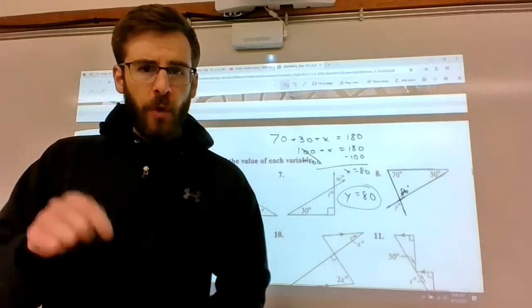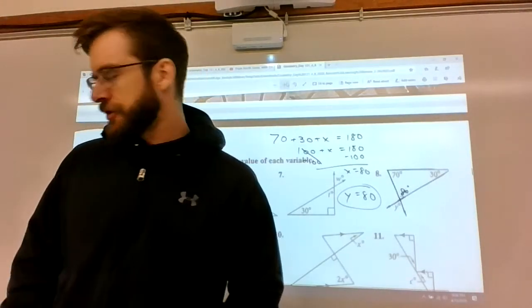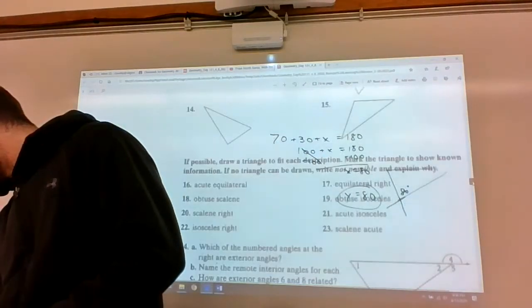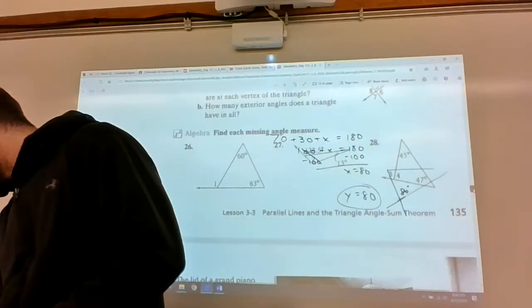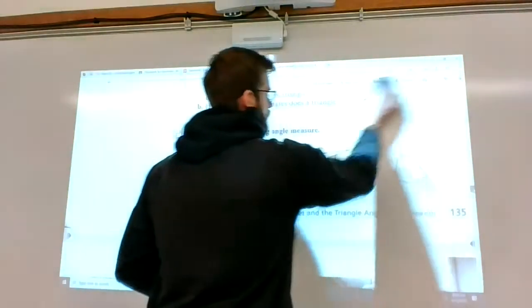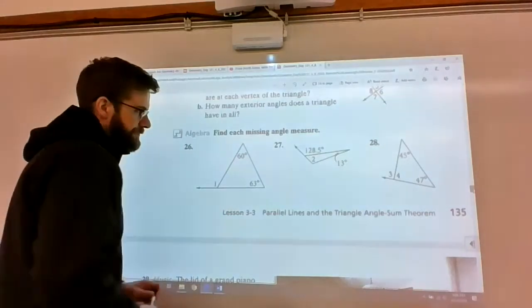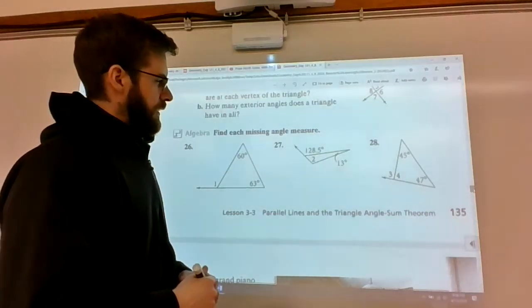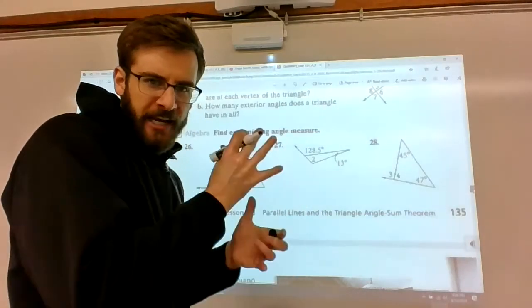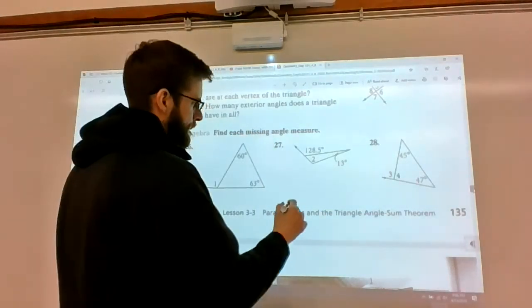Let's check out number 27 on this same page. So it gives us, I'm going to redraw this, rotate it a little bit so we can see it better.